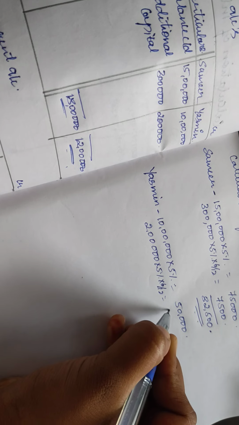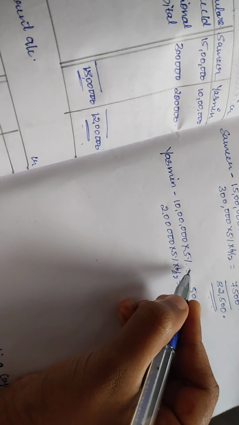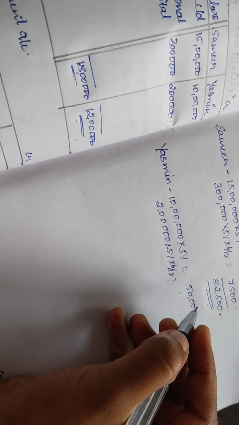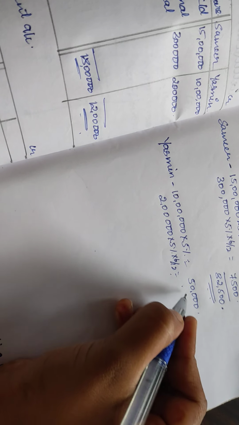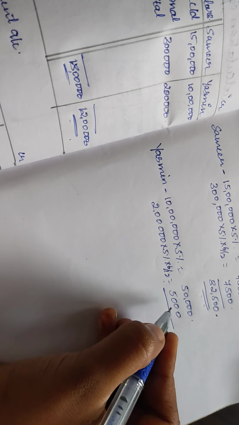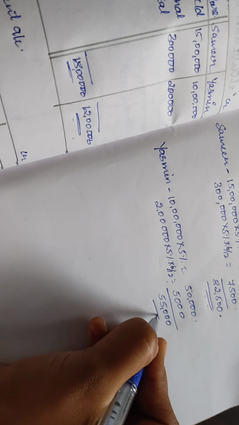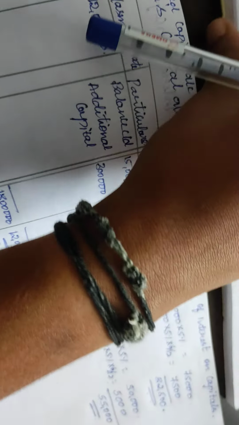For half year we need to calculate for additional capital. This is for whole 1 year and this is for 6 months. So 2 lakh into 5% into 6 by 12 comes to 5,000. So the total interest on capital of Yasmin is 55,000. So now come to the partner's current account.